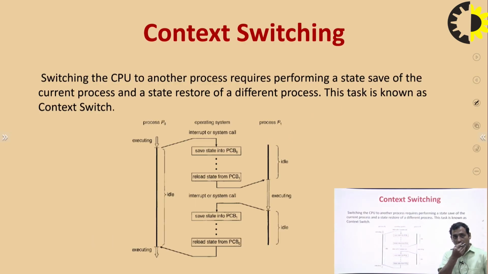Now, when some process is executing and we want to execute another process, we stop one process and execute the other. This is known as context switching. Switching the CPU to another process requires performing a state save of the current process.